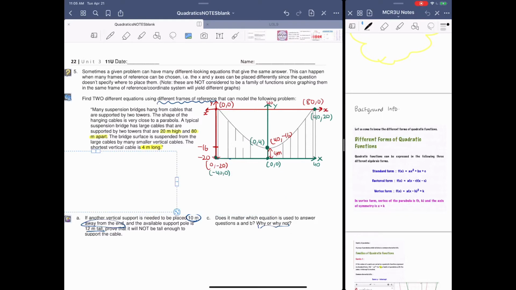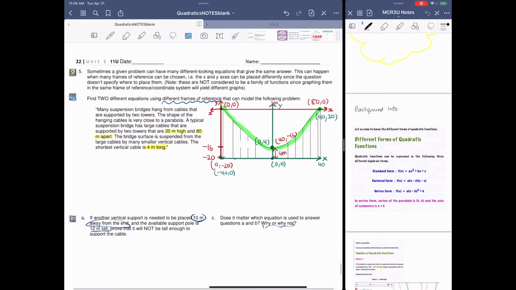So the red version. All right, so the red version has a vertex of (40, -16). Meanwhile, a known coordinate, I have a few. I have the (0, 0) and the (80, 0) that goes through the parabola like so. So I'm going to start plugging things in.